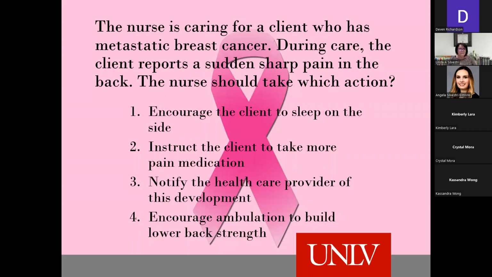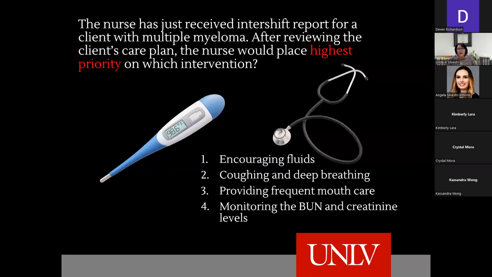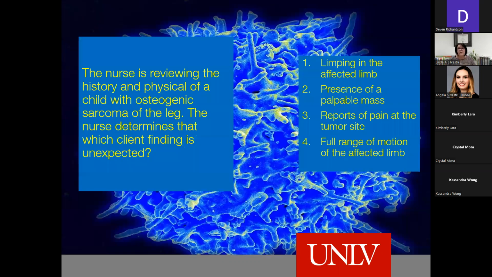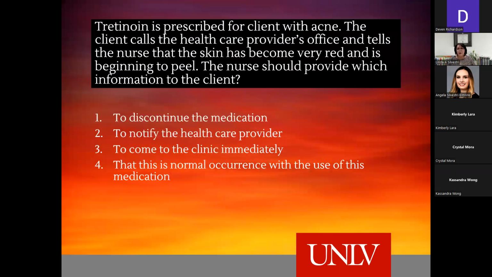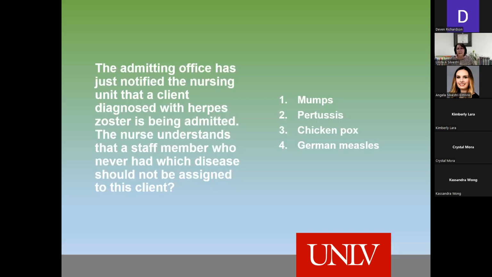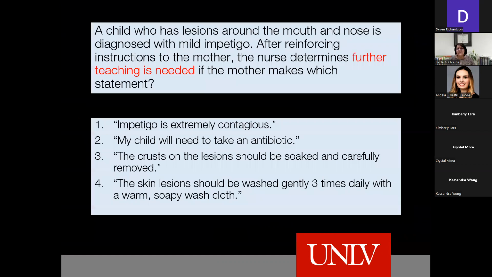Maybe it's the wording of the question, Devin? Could we just take a quick peek at that question? Because it might be the need for further teaching that is difficult. But it said, I think it's right here, the child will need to take an antibiotic. And that's the answer, because they don't take oral antibiotics.